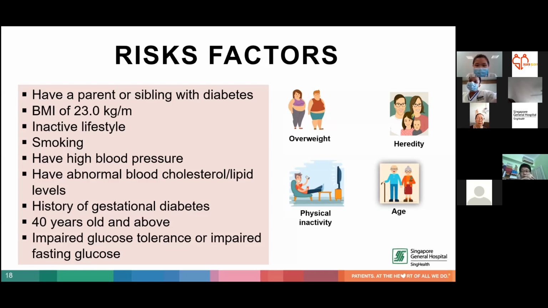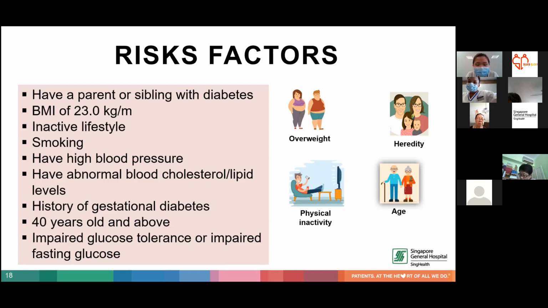Having a history of gestational diabetes is also one of the main risk factors. Women who were pregnant and diagnosed with gestational diabetes are likely to develop type 2 diabetes in their lifetime. Thus, pregnant women with gestational diabetes must watch their diet as well as their condition closely.